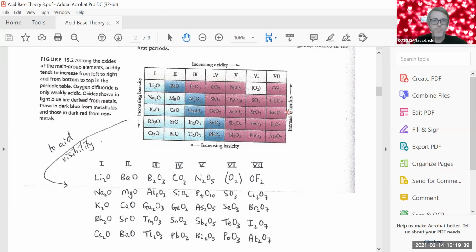So if we tried to summarize this trend succinctly, I guess we could say, if we went like this, we would have a diagonal.